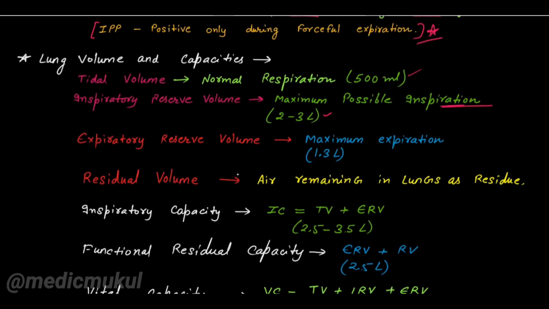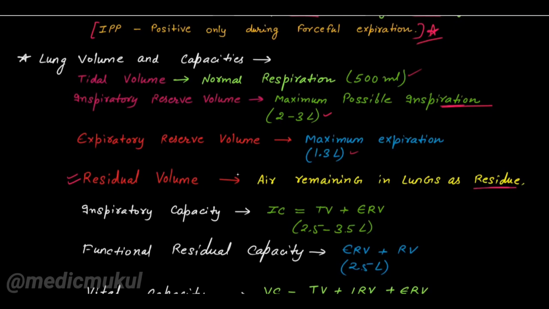Now do the maximum expiration. That is expiratory reserve volume, 1.3 liter. Now you are forcefully expiring everything, but the remaining air is still in the lungs. That is the residual volume, the air remaining in the lungs as a residue.